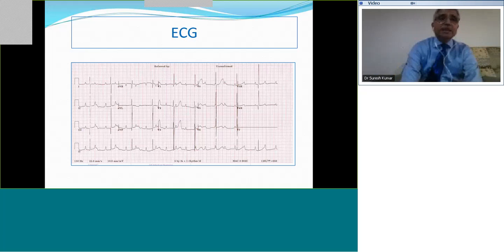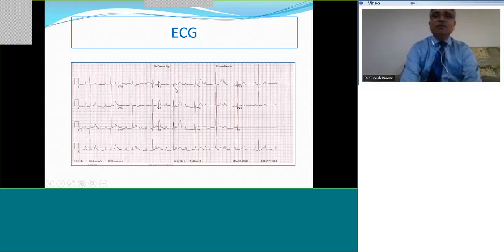Spend some time looking at this ECG. To begin with, this is complete heart block, because you can see that there are regular P waves which are unrelated to the QRS complex with a variable PR interval. So you're dealing with complete heart block, and you're dealing with a narrow QRS complete heart block. Since it is a narrow QRS complete heart block, now let us look at the morphology of the QRS complex. This is V1.